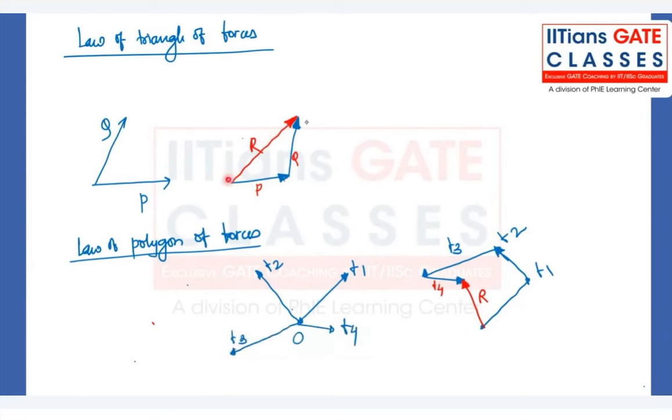Okay, and the same law you can use for the polygon. The statement is the same: if the number of forces, here F1, F2, F3, F4, are represented in magnitude and direction by the sides of a polygon, F1 is in this direction, F2 is in this direction, F3 is in this direction, F4 will be in this direction, as shown in the first figure, then the resultant will be the closing side, but taken in the opposite order.